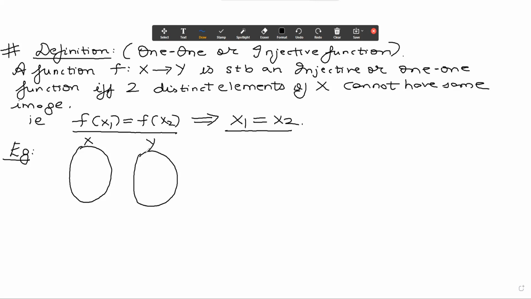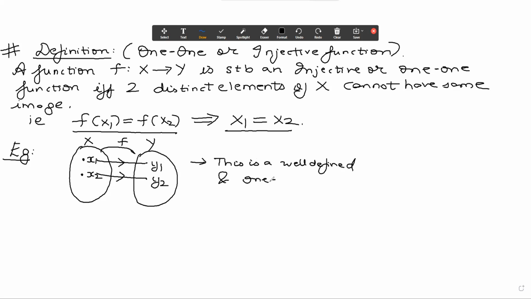X, Y. This is a 1-1 function. This is a well-defined and 1-1 function.